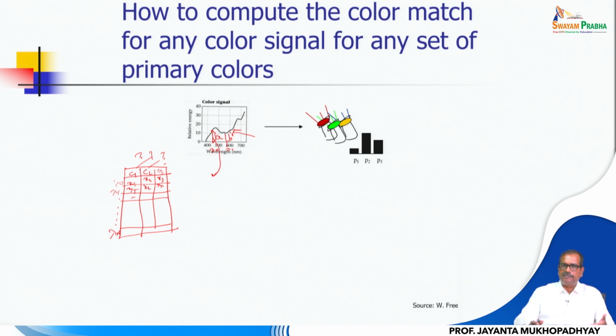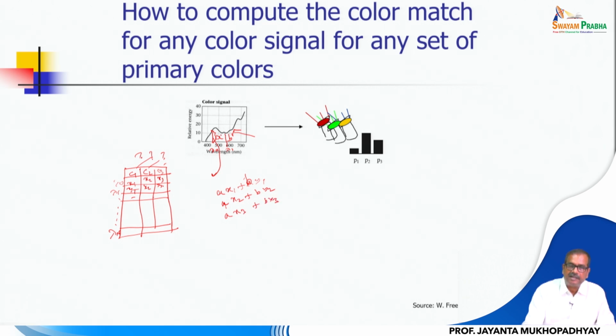So at least for these 2 components, I know that it is AX1 plus BY1, because for lambda 1 it is B, AX2 plus BY2, AX3 plus BY3.